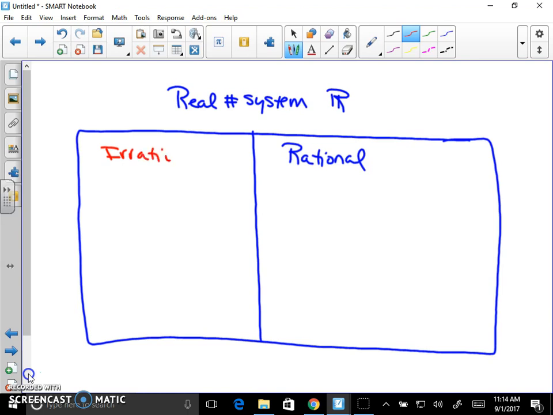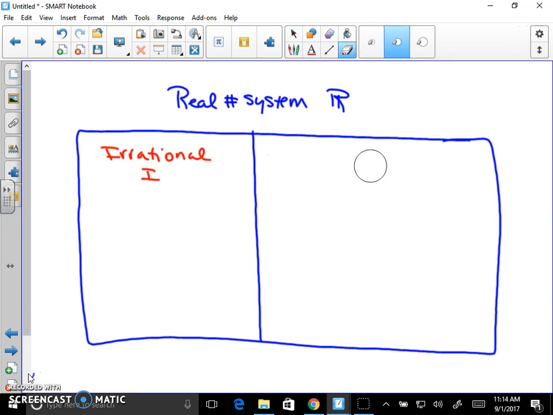Irrational, which is indicated by an I. And then let's make our rational green. And that one we use a Q. Okay, it doesn't matter if the rational's on the left-hand side or the irrational's on the right. It doesn't matter. It's just they're broken up into two separate groups.